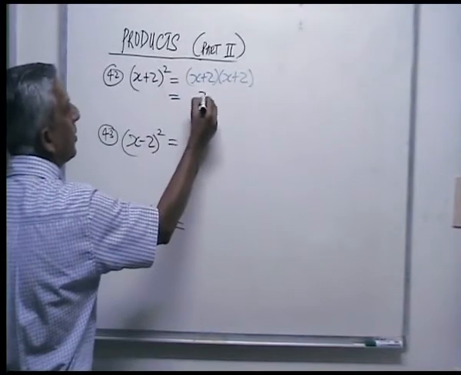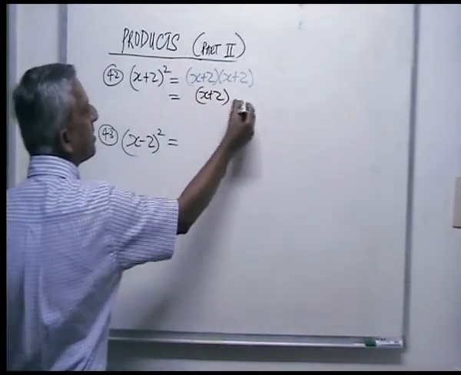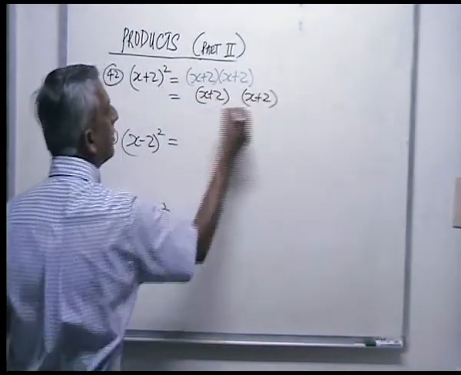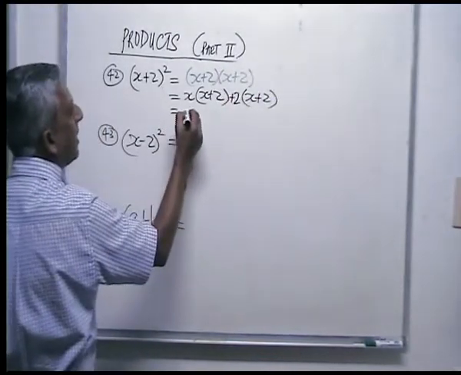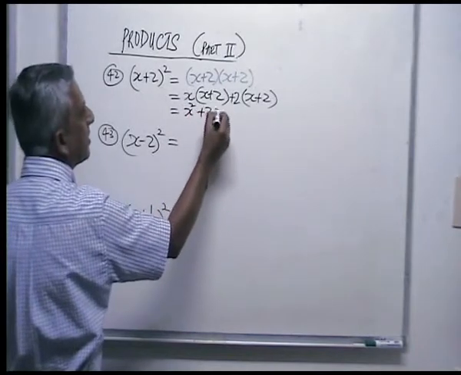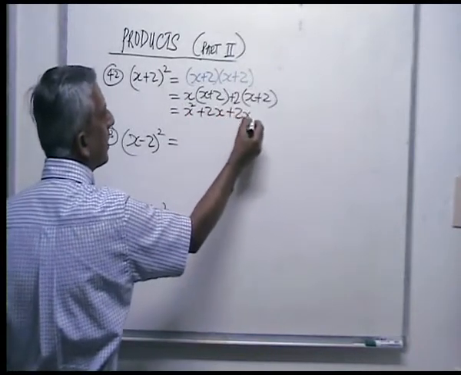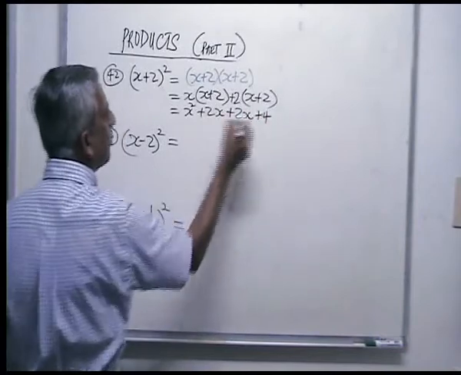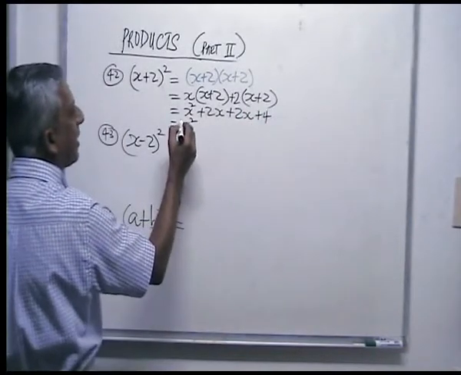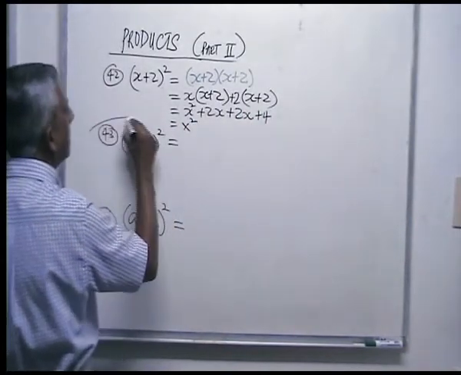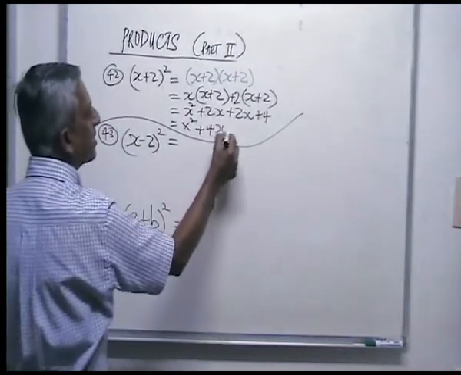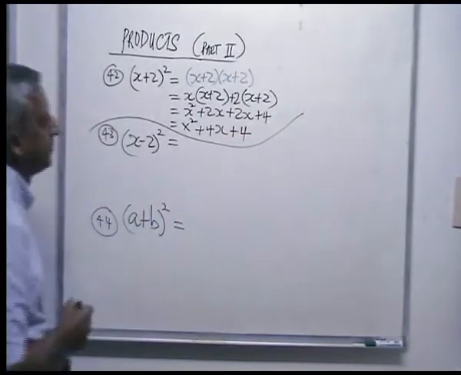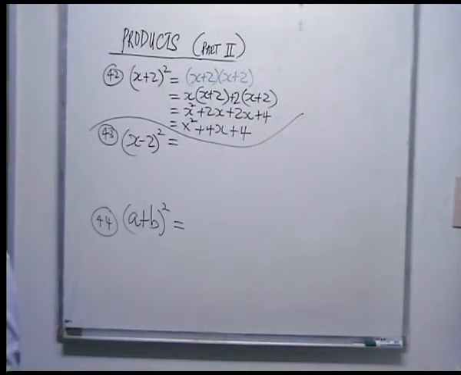In other words, you wrote the second bracket 2 times, and you wrote down x here, you wrote plus 2 there, and you had x squared plus 2x plus 2x plus 4, and that gave you x squared plus 4x plus 4. Right, let's look at the next example.